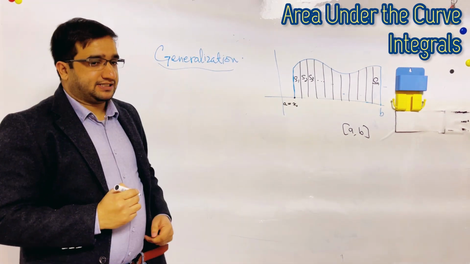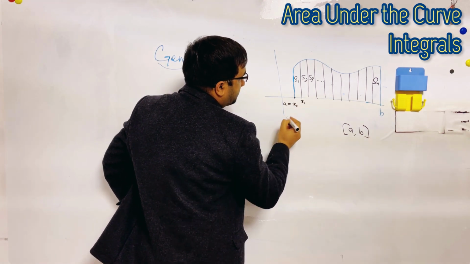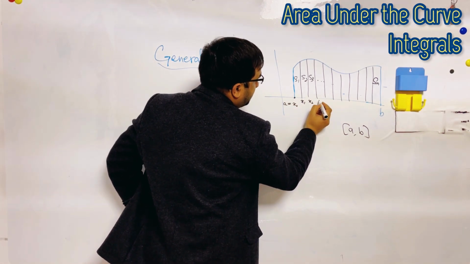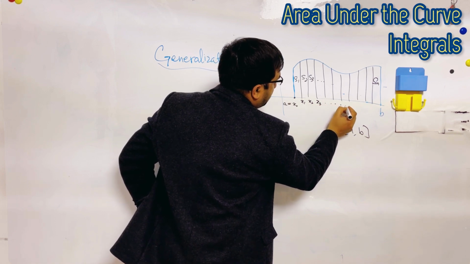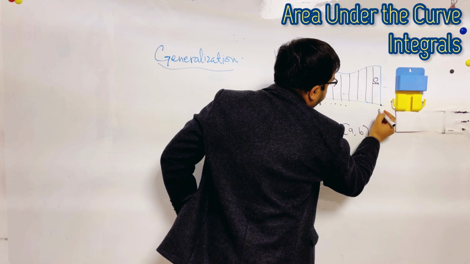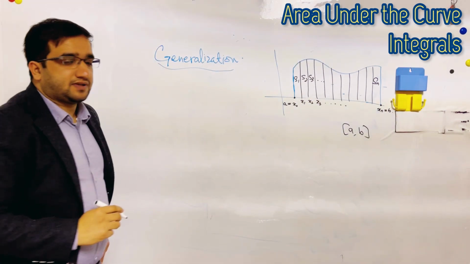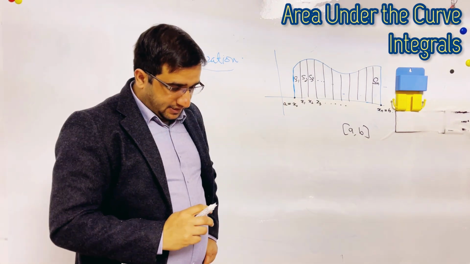Then after x naught, this one is x1, this is x2, x3, and so on, and the final point xn is equal to b.